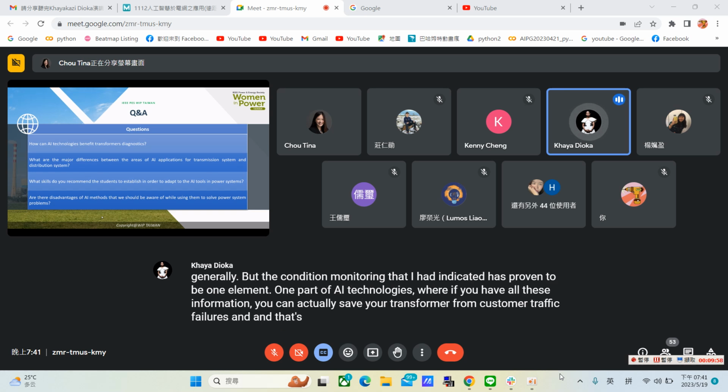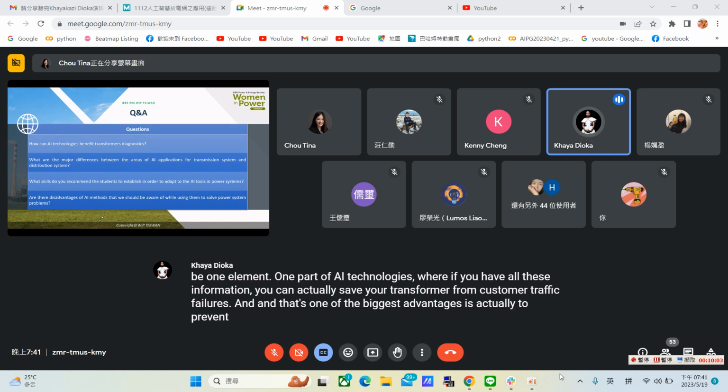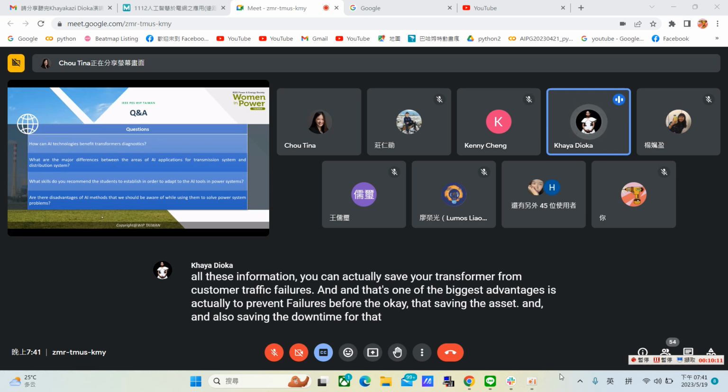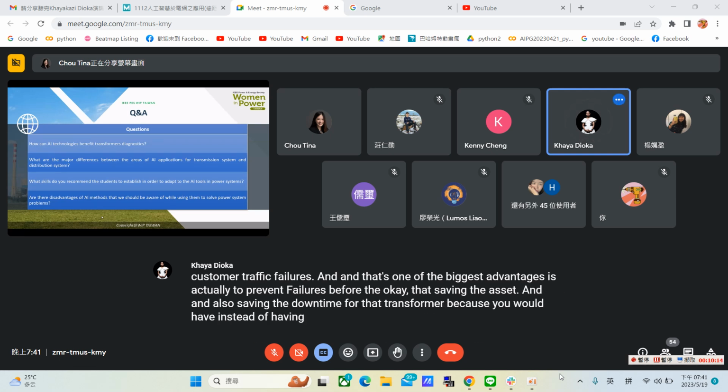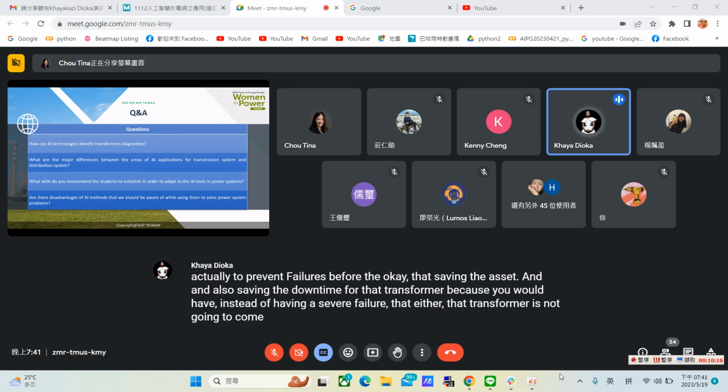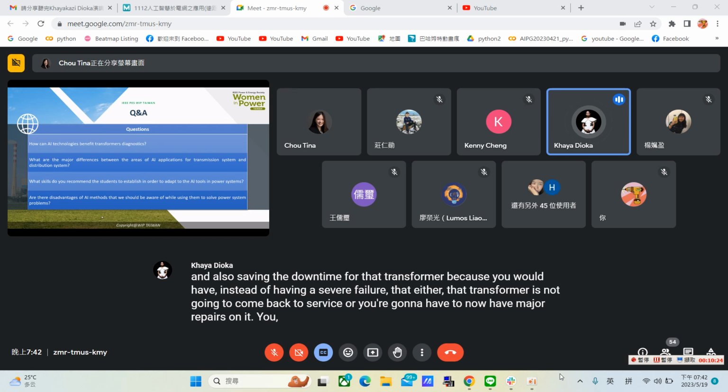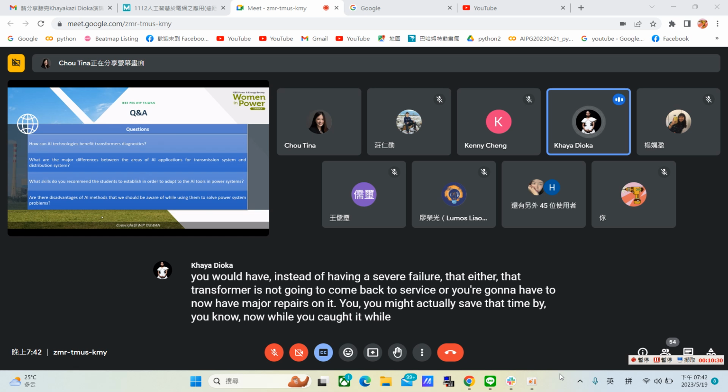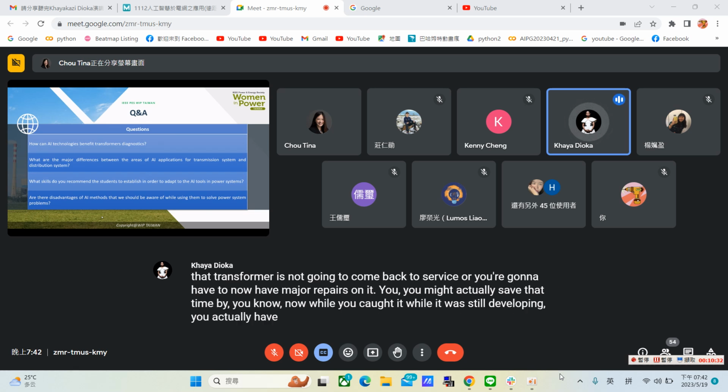And that's one of the biggest advantages, to prevent failures before they occur. That's saving the asset and also saving the downtime for that transformer, because instead of having a severe failure where either that transformer is not going to come back to service, or you're going to have major repairs on it, you might save that time because you caught it while it was still developing, and you have a better chance of saving it from failure.